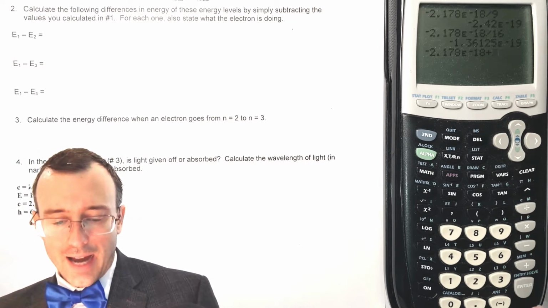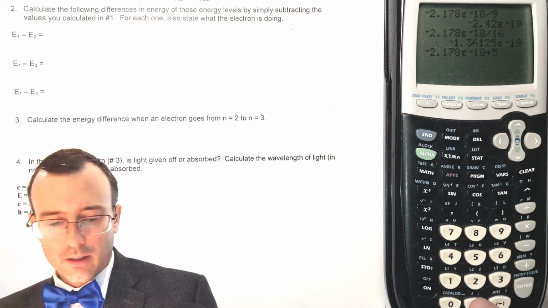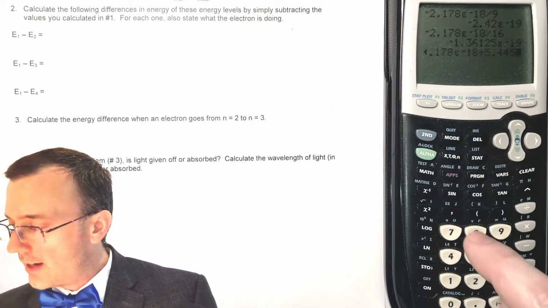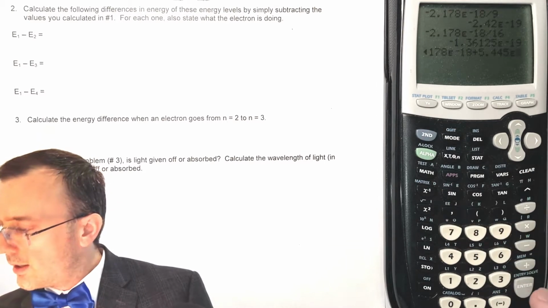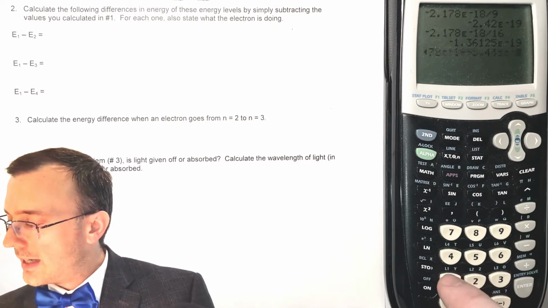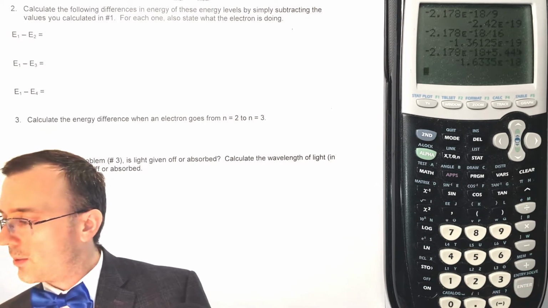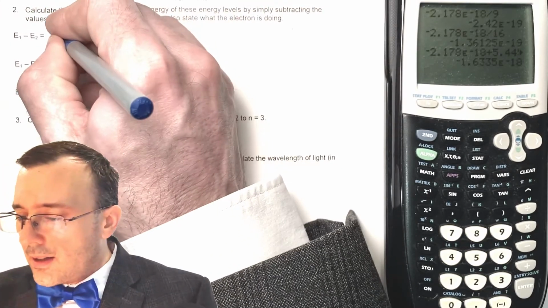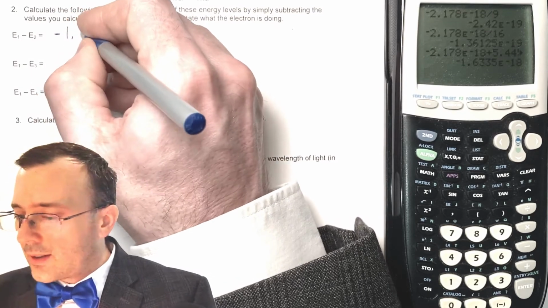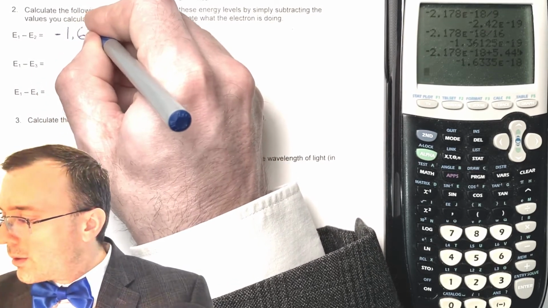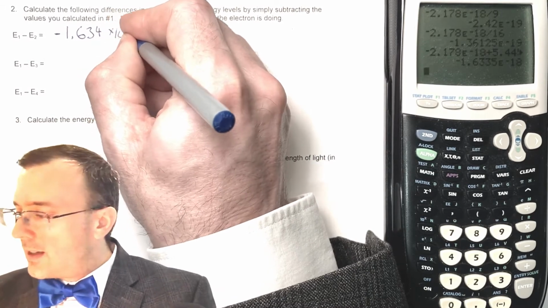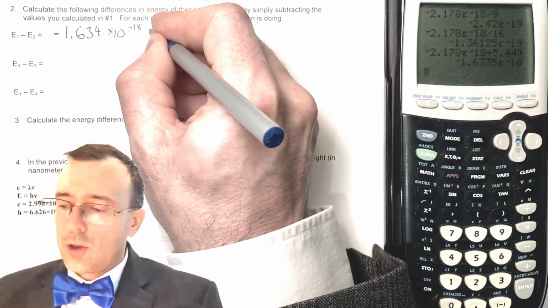So that's going to be adding 5.445 times 10 to the negative 19th. And let's see what that is. Right, that gives us a negative number. It's negative 1.634 times 10 to the minus 18th joules.